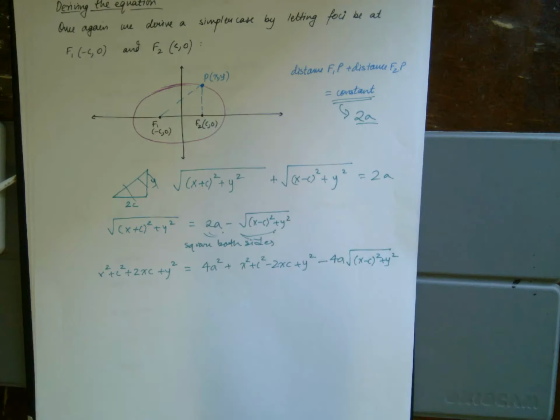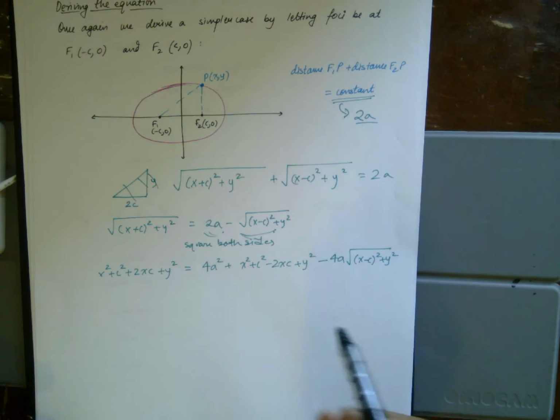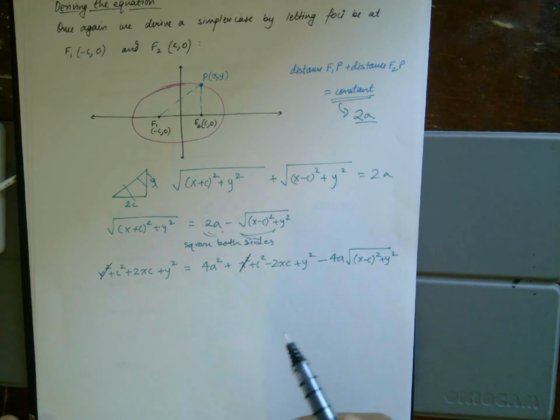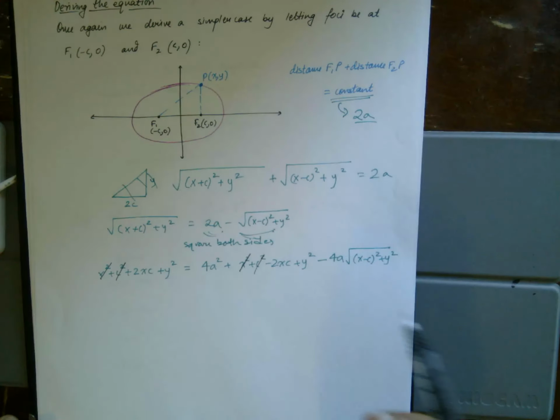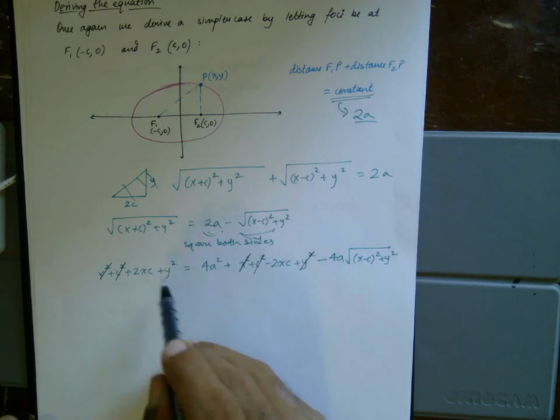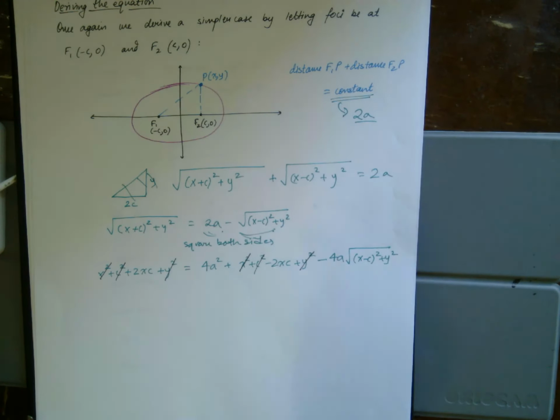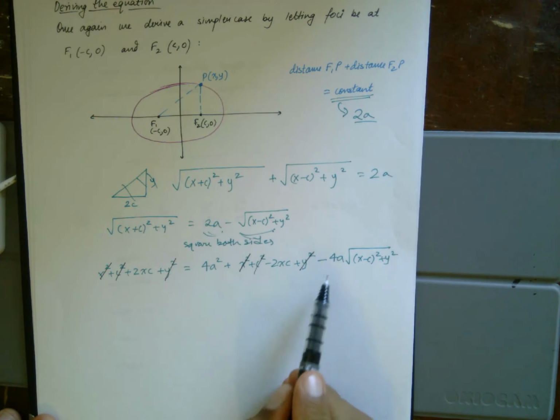Now let's see if some things cancel out, which they should. x squared minus x squared is 0, c squared minus c squared is 0, y squared minus y squared is 0. So that is good. Now this is negative.